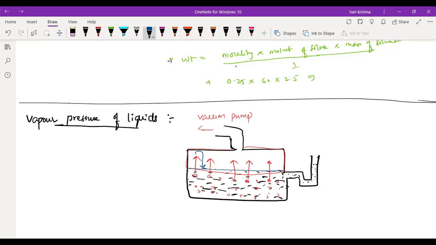Are you understanding? So whatever particles are moving to the vapor phase, they will come back and show some pressure on the surface of the liquids. Whatever pressure is created over the surface of the liquids in the closed container is called vapor pressure. The statement is clear: the pressure exerted by the vapor on the surface of the liquids in the closed container at a definite temperature is called the vapor pressure of the liquid.